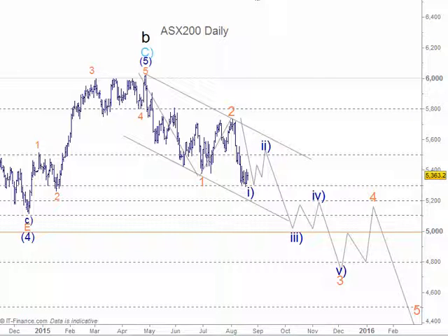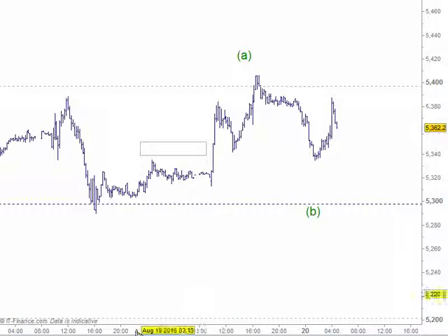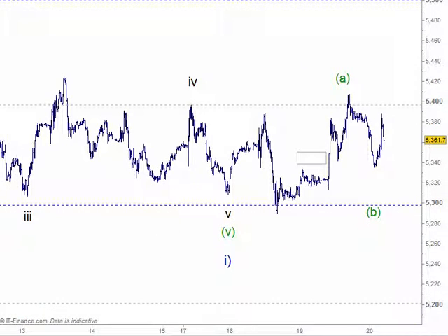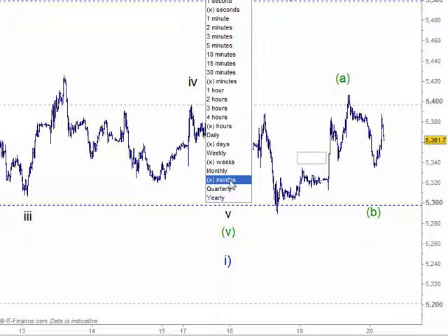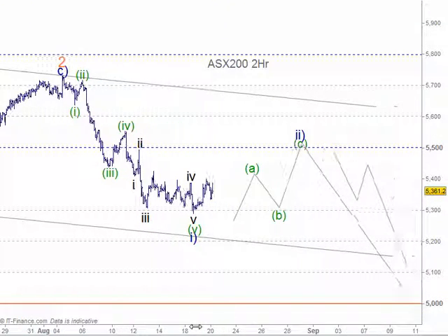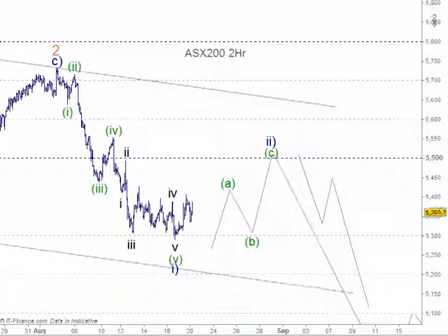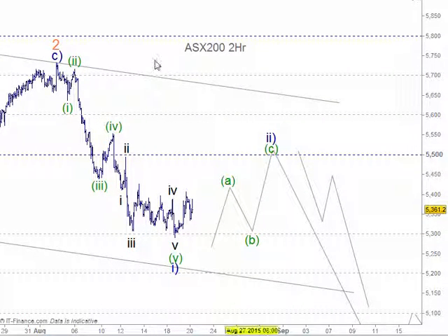Okay, so just going back, I'll cut through to the 15-minute chart. Might have to go to the 2-hour. Just bear with me for a second. So on the bearish count here, let's just get this. I haven't been with this chart for a little while.